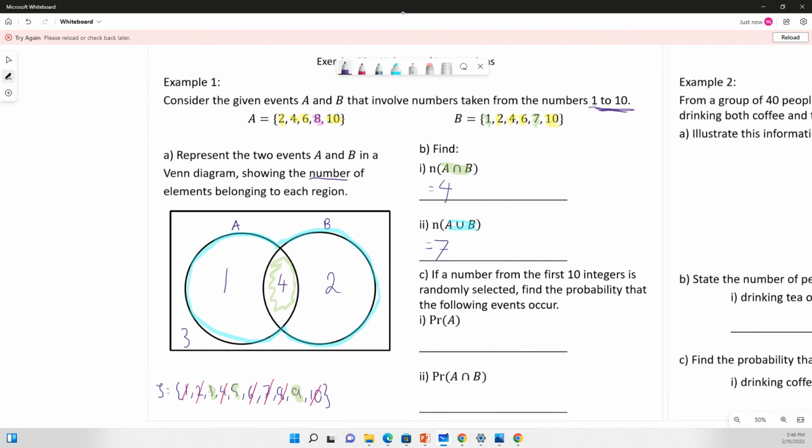Part C. If a number from the first 10 integers is randomly selected, find the probability that the following events occur.